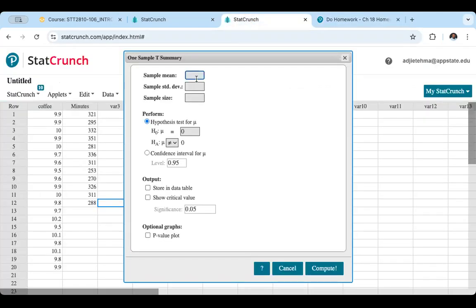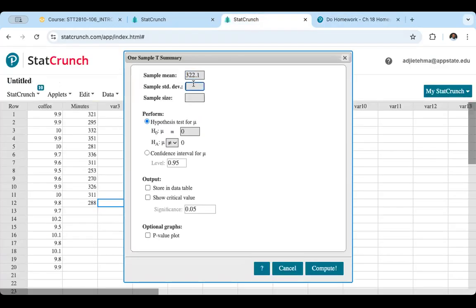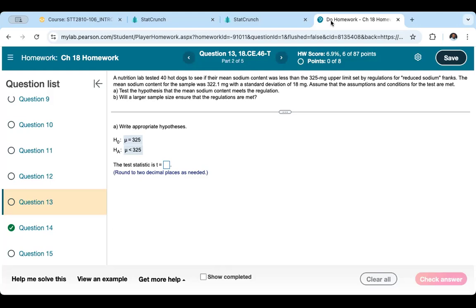So we put that here, 322.1. Then the next one is the sample standard deviation. And you can see with a standard deviation of what? 18. So I put 18 here. The next thing I need to input is the sample size. What do you think the sample size is?